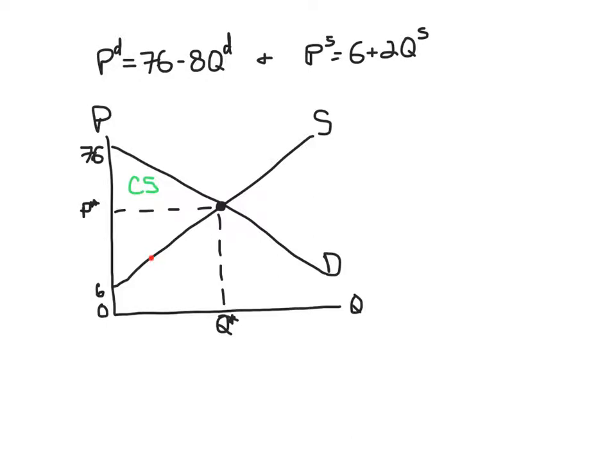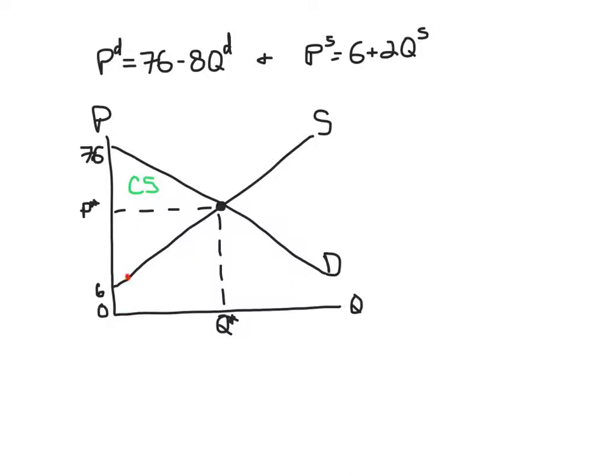Remember, the supply curve represents that minimum price they would be willing to sell at, because the supply curve represents the marginal cost of producing the product. So sellers are willing to sell at a price that will at least cover that cost, right? If they get something above that, like P star, then they're really happy. So that's going to happen for every single transaction.